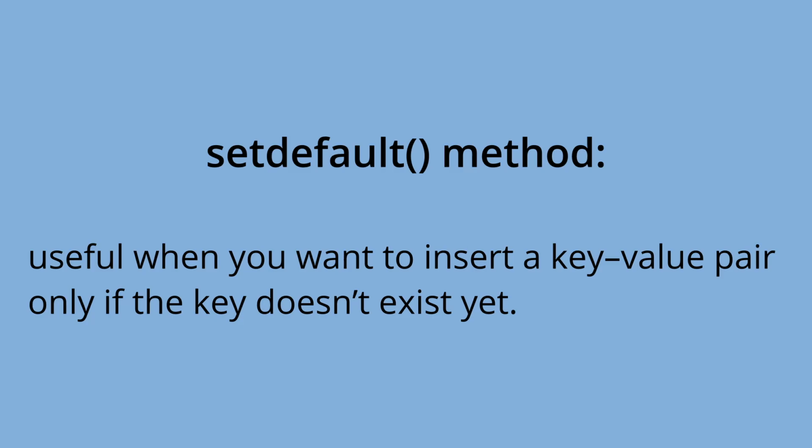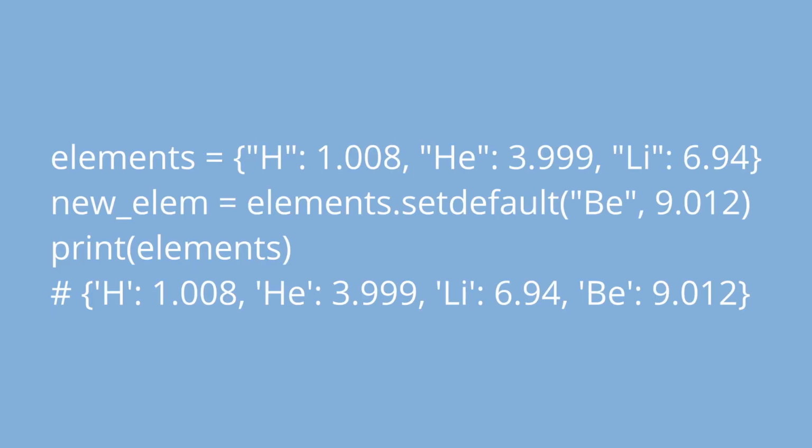setdefault. setdefault is useful when you want to insert a key-value pair only if the key doesn't exist yet. Suppose you have a dict, elements. Then add a new element: elements.setdefault Be, 9.012. If you print elements, you see Be: 9.012 is added.